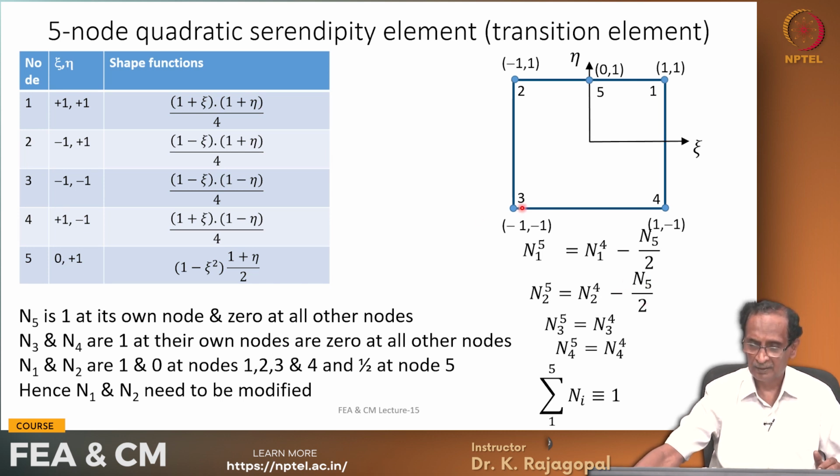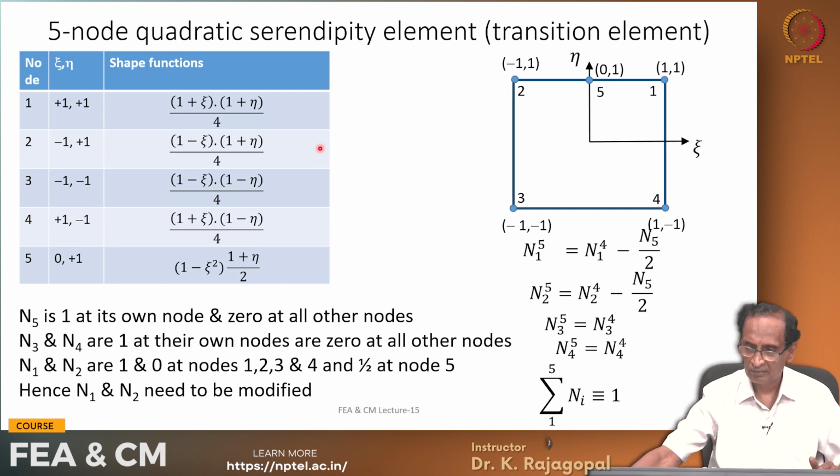And these two shape functions, 3 and 4, need not be corrected, because if we evaluate these two along this line where eta is plus 1, they will automatically become 0. Like for example, if you substitute eta of 1, N3 is 0 and N4 is 0.